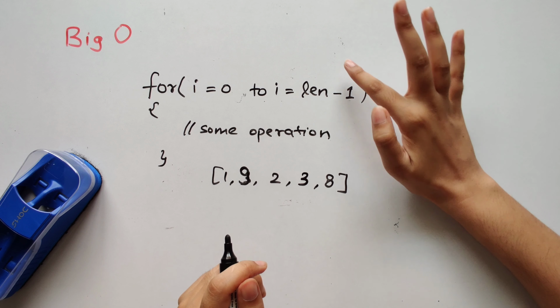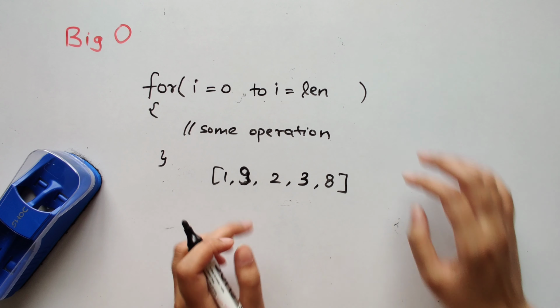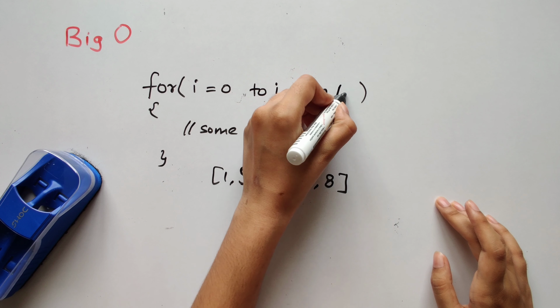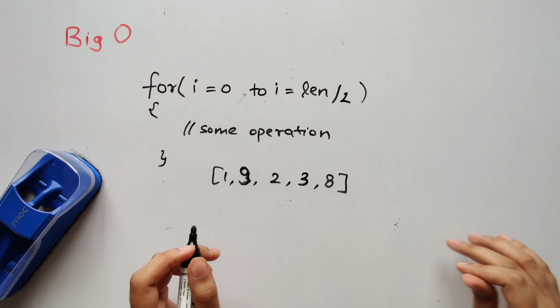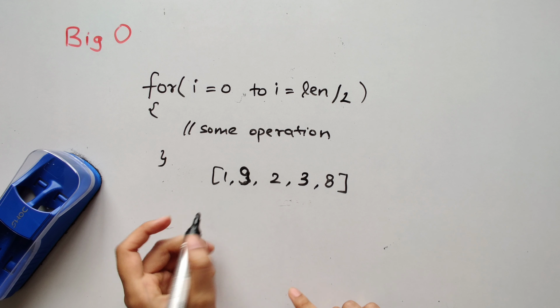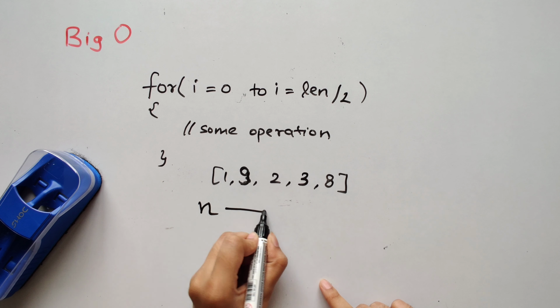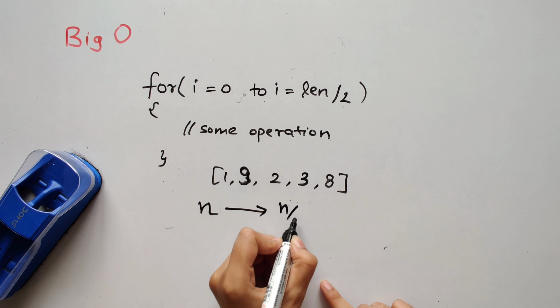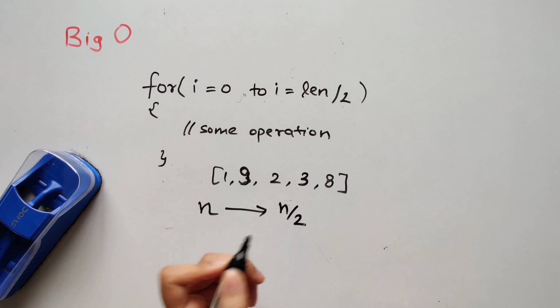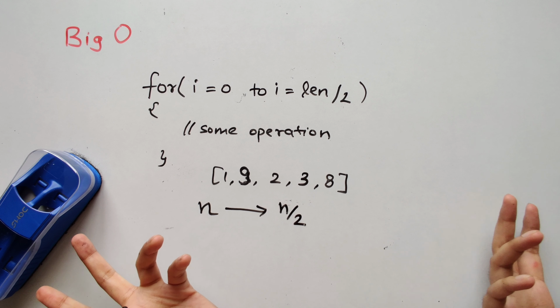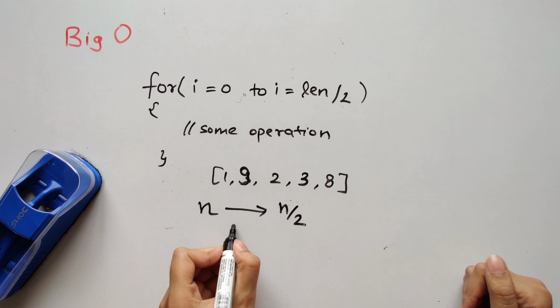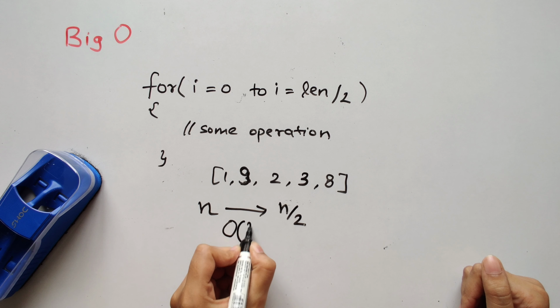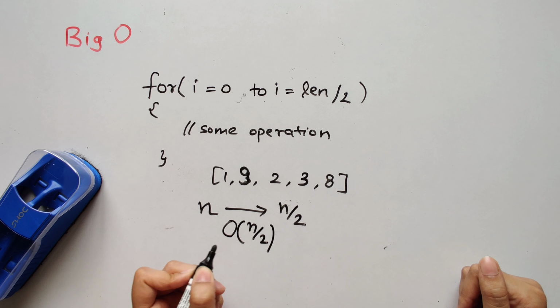Therefore, you're going to run your algorithm from 0 to length by 2, right? So that means if you're given n elements, you only have to look at n by 2 elements. So where does this leave me? Like, what is the time complexity of this? So you would want to say that the time complexity of this is O of n by 2.